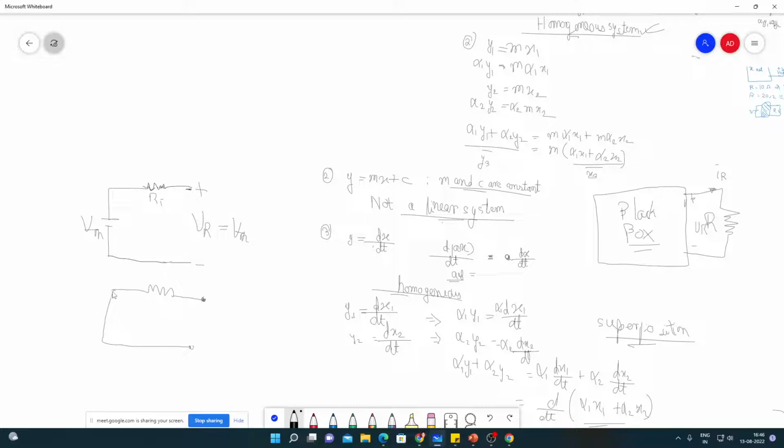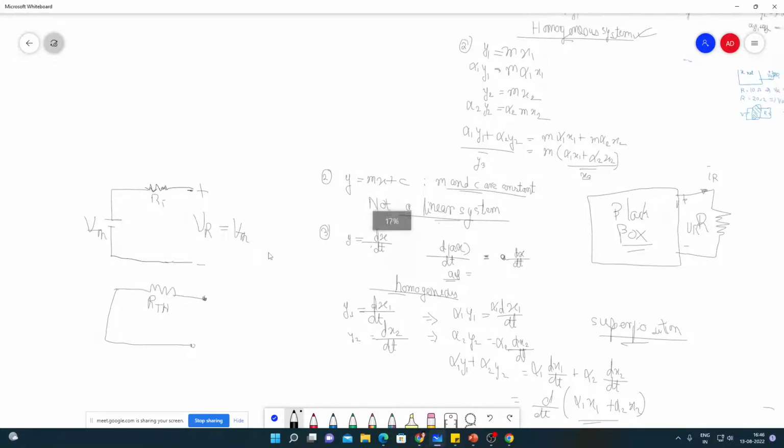Any voltage source will be shorted, and any current source will be opened, and then measure the resistance across the terminals. That resistance is given by R Thevenin. Okay, so let's do an example to understand it in a better way.